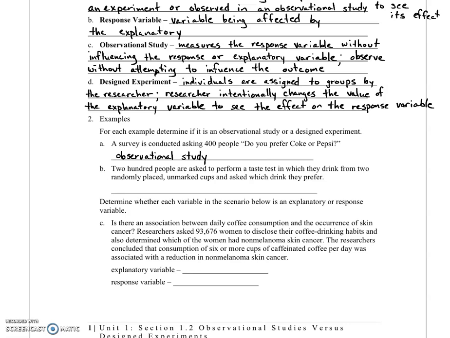Okay. In B, we have 200 people are asked to perform a taste test in which they drink from 2 randomly placed unmarked cups and asked which drink they prefer. This one is a designed experiment.